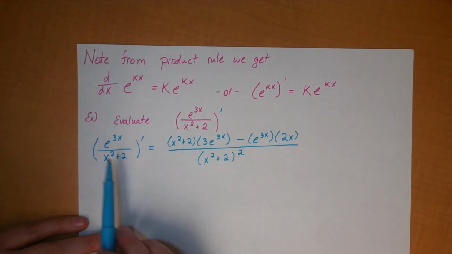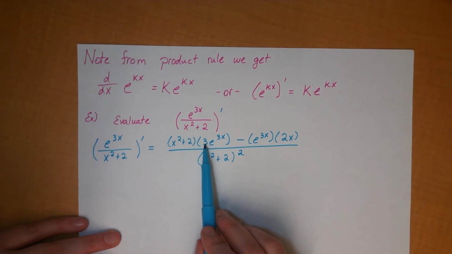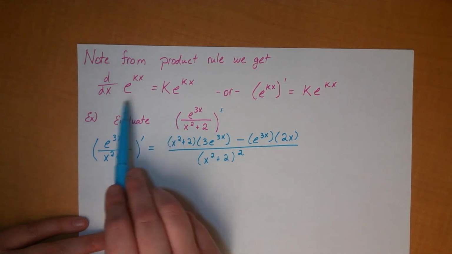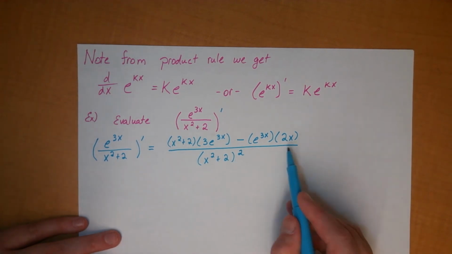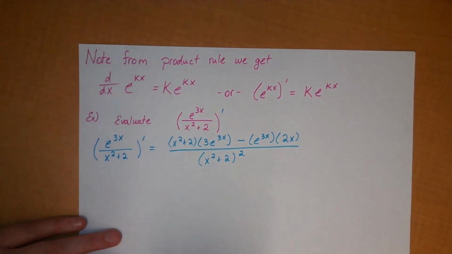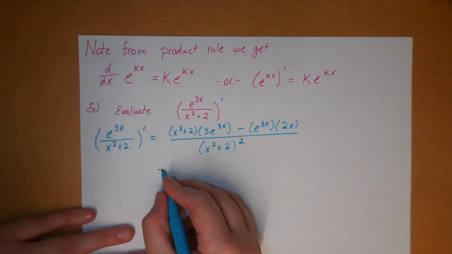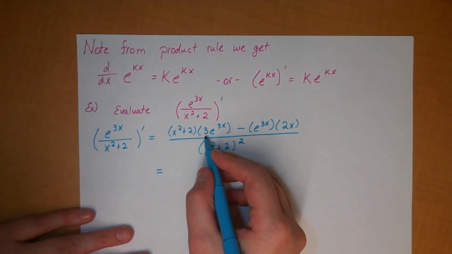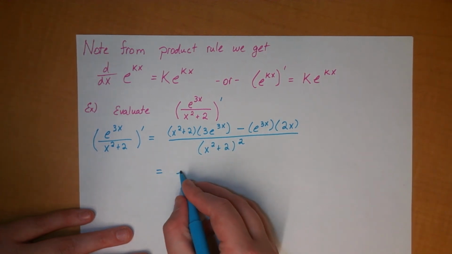Remember that the derivative of e to the 3x, since we have that constant in there, is going to be 3e to the 3x by this rule. Also, the derivative of x squared plus 2 is going to be 2x, since the derivative of 2 is 0. Let's see if we can clean this up. I have an e to the 3x here and an e to the 3x here, so I can pull it out.